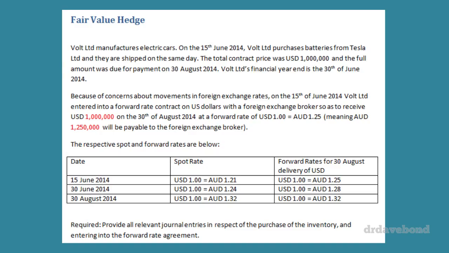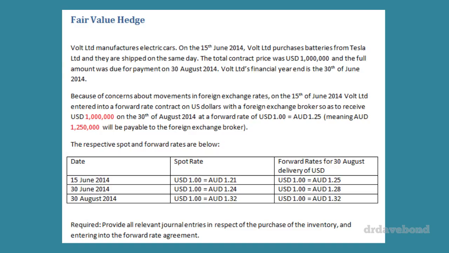On the 15th of June 2014, the US dollar is buying 1.21. On the 30th of June, the financial year end, the spot rate at that date is 1 to 1.24, and it's 1 to 1.32 on the 30th of August. So the forward rates: at the 15th of June, you're looking at delivery at a future point in time.